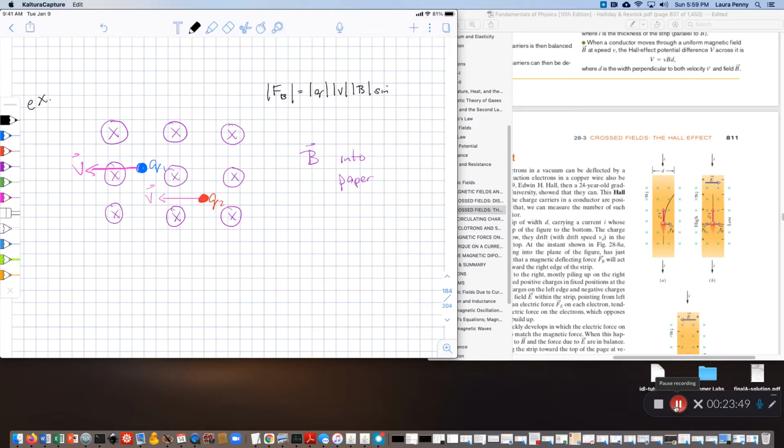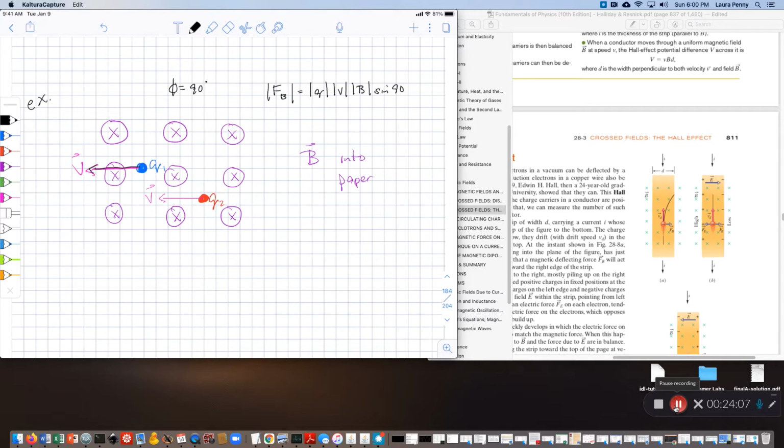Here, our magnetic field is into the paper and our velocities are to the left. That angle between the velocity to the left and the magnetic field is still 90 degrees. So our phis here are 90 degrees.